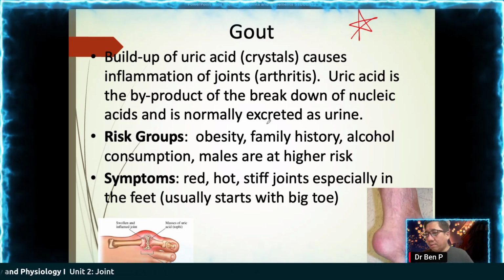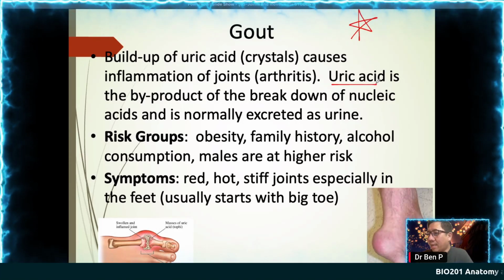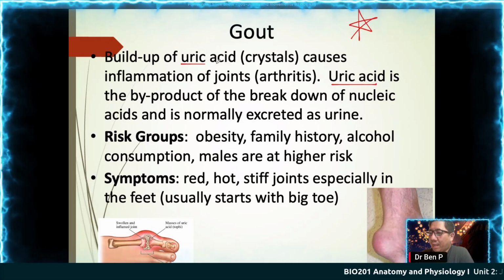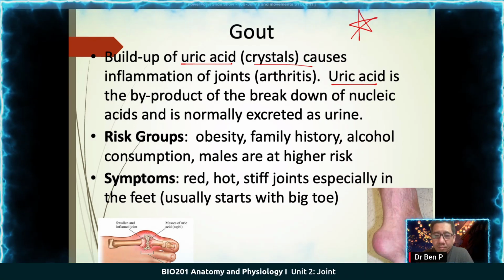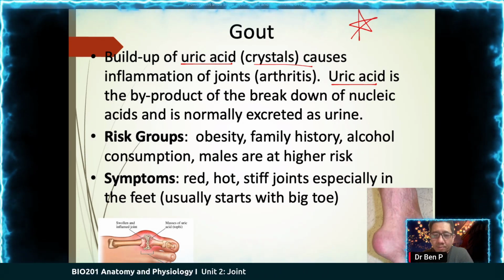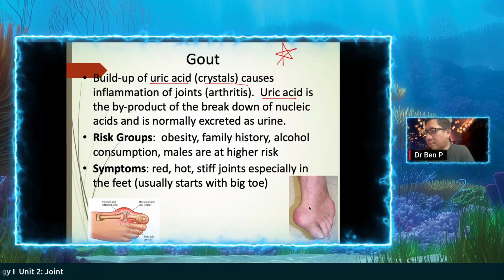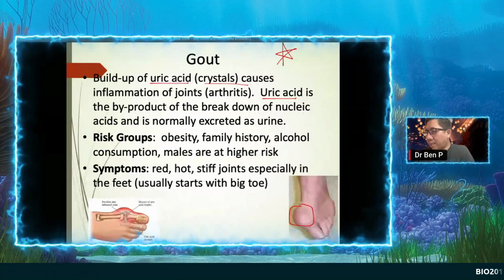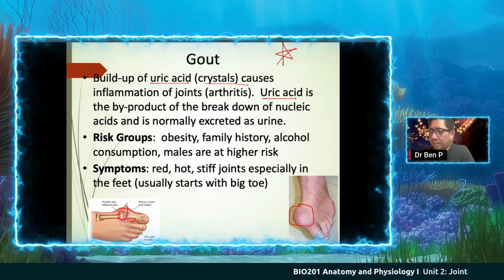This is where you have a buildup of something called uric acid, where you have uric acid crystals. Let me show you on the picture on the bottom. You could see the uric acid crystals that form up right here, between your joint.